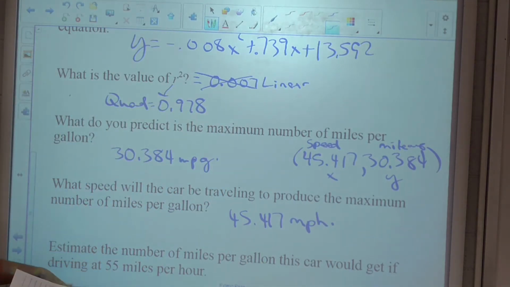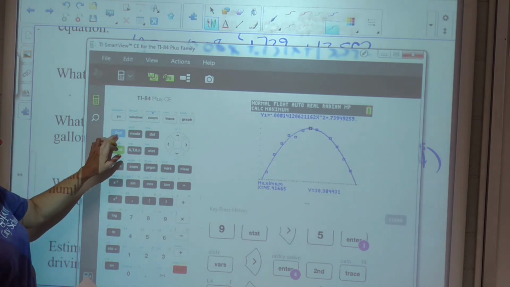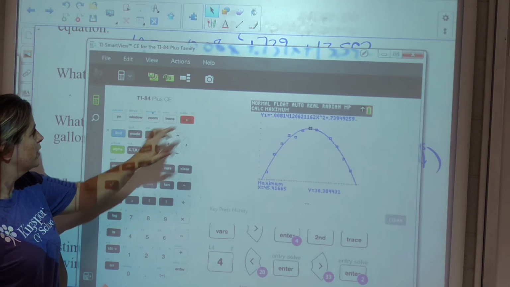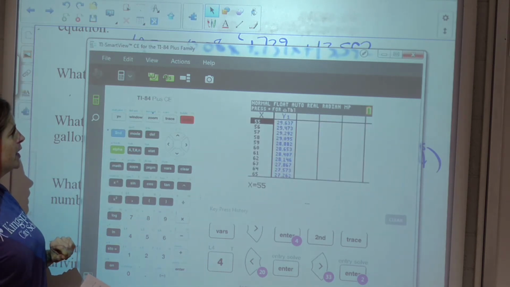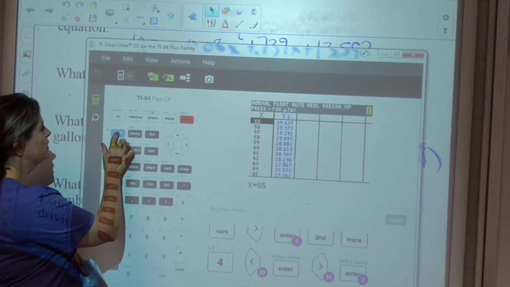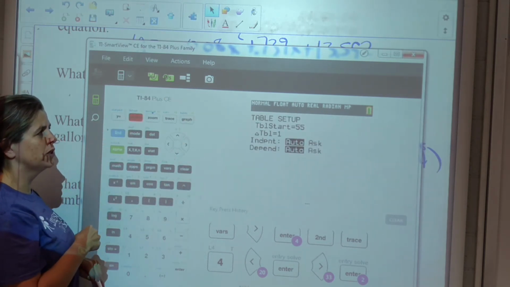And the last thing, they want us to estimate the miles per gallon that you would get at 55 miles. We're simply going to go to the table, second graph, that pulls up your table. And if you're nowhere near 55, then what you can do is go second window, table set, and just tell it where you want to start.